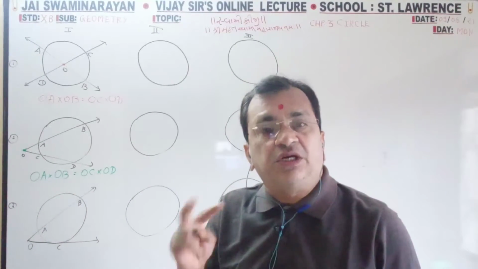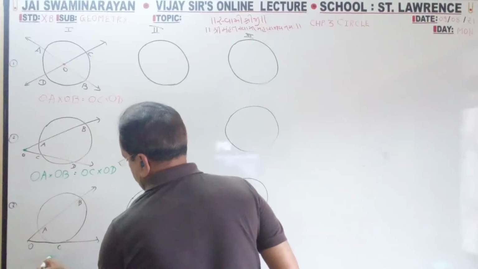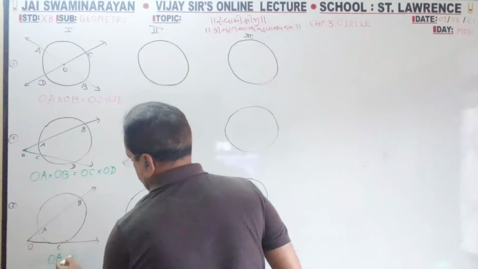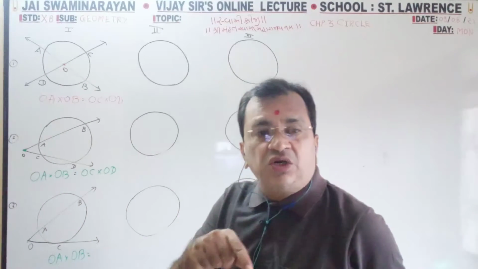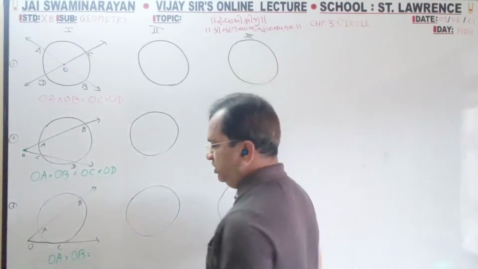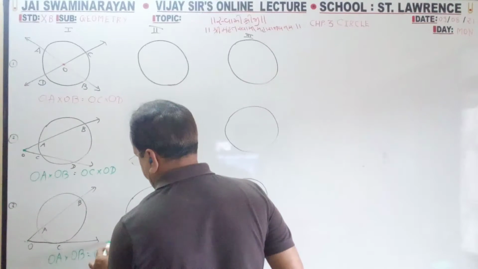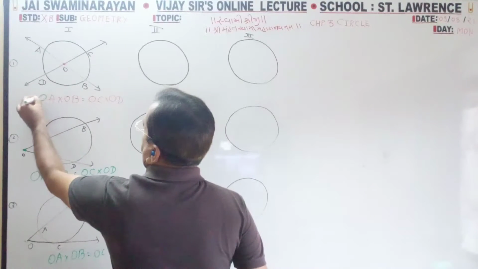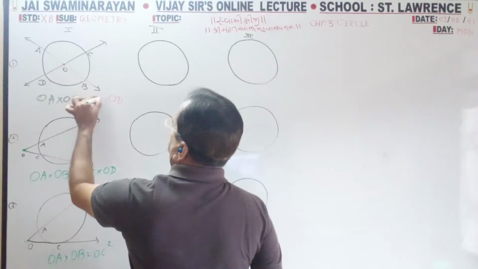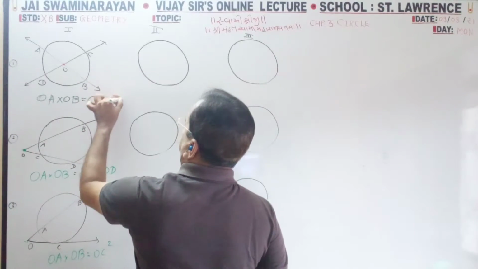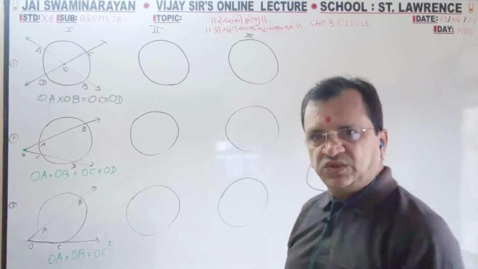Again from intersection, two segments on the same line, OA, OB. From intersection, two segments on the same line. So here only one, OC, OC. So OC square. I am writing this in dark.